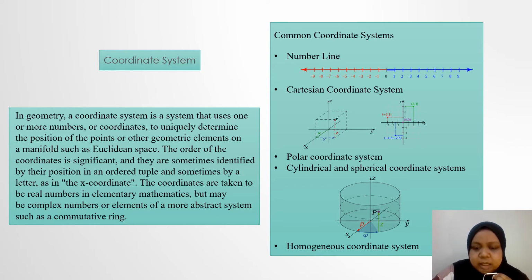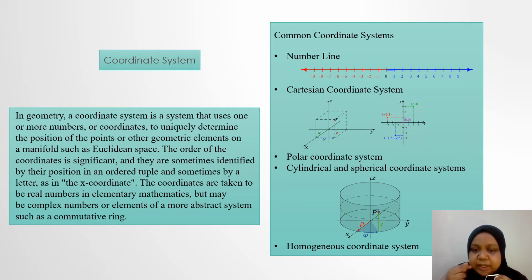The next is polar coordinates. Another common coordinate system for the plane is the polar coordinate system. A point is chosen as the pole and a ray from this point is taken as the polar axis. Next are the cylindrical and spherical coordinate systems.